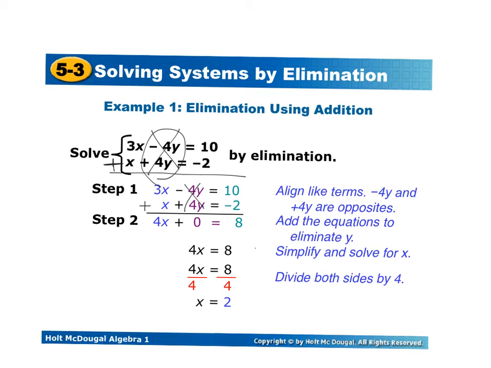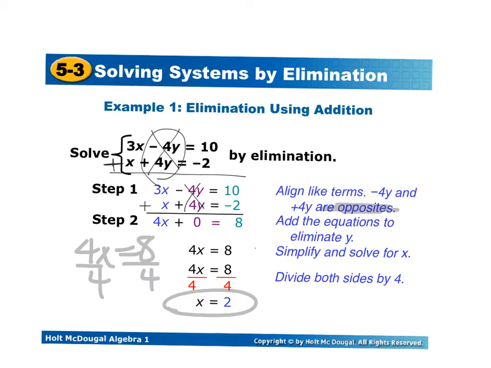So my recommendation, put it in standard form. Try to make either the x's or y's have opposite signs. And in this case, it was already set for me. So now I add my equations. And then I end up with 4x equals 8, divide by 4, and I get x equals 2.